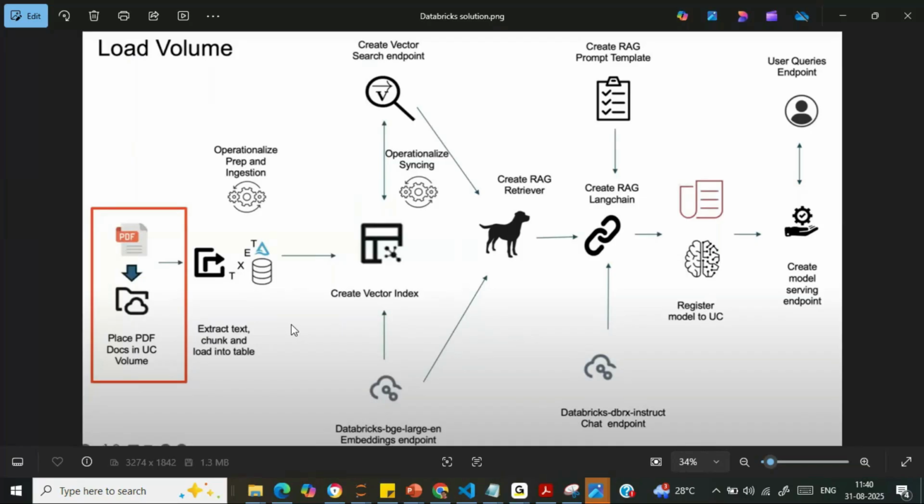If a particular washing machine is having certain issues, then a user will be able to chat with the model, and the model will provide the outcome that this is the issue with your washing machine. Although the diagram seems complicated at this moment, once we move to the practical, this will be very simple.